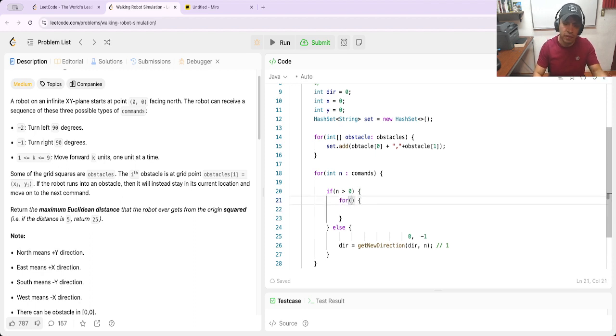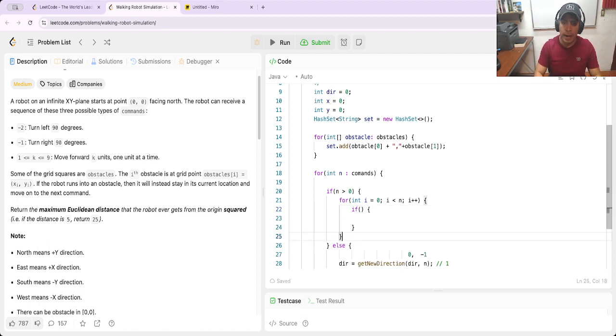Okay, here is a for because we know that it's only keeping this direction. Integer i it's equal 0, meanwhile i it's minor to n, i plus plus, it's okay. But here we should validate if x and y is in set.